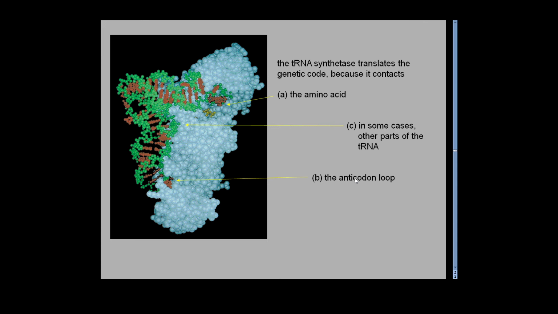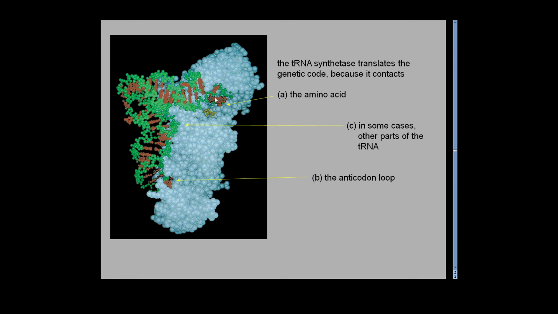One interacts with the second carbon of ribose, and the second type with the third carbon. And you can see enzymes in complex with tRNA, which recognize and bind the amino acid.